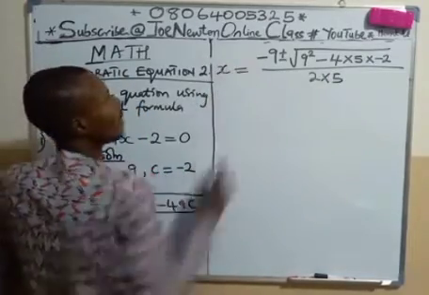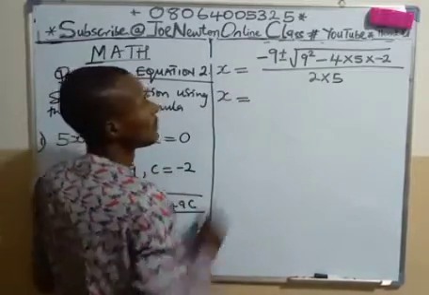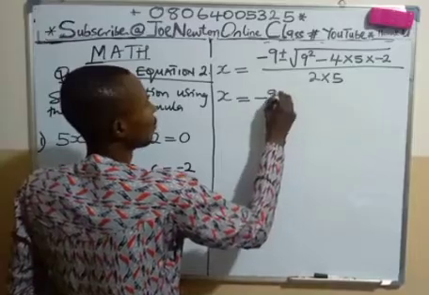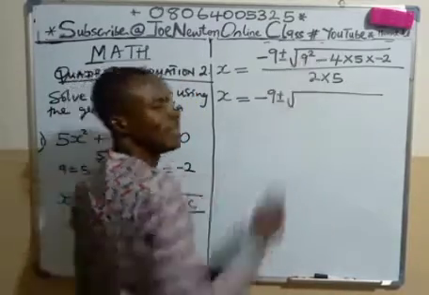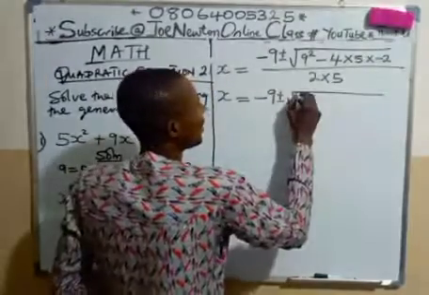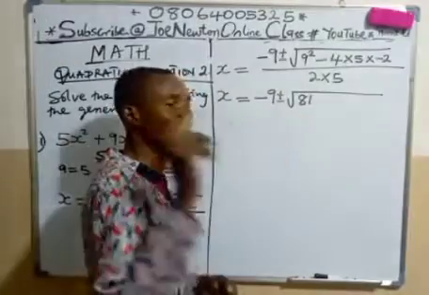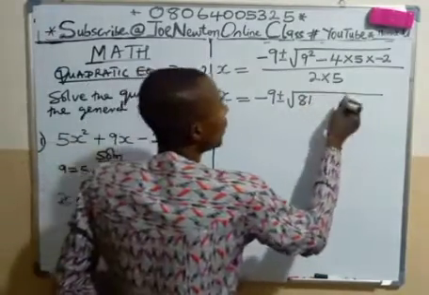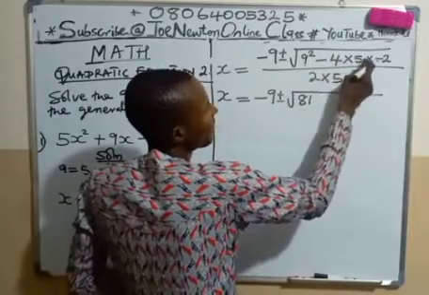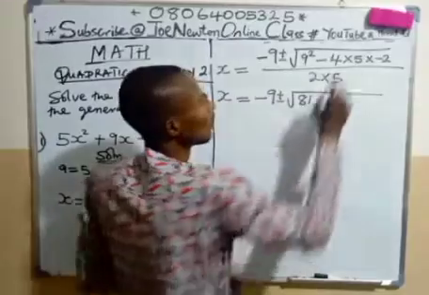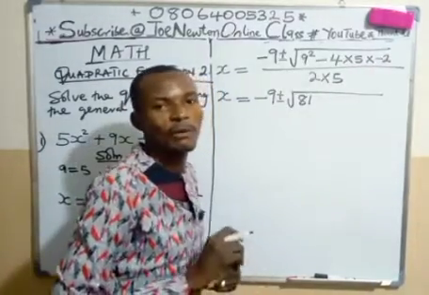Next, that will give us x is equal to minus 9 plus or minus square root of 9 squared, which means 9 times 9, which is 81. Not 9 times 2, but 9 times 9. Then we have here minus 4 times 5 is 20, 20 times 2 will give us 40.